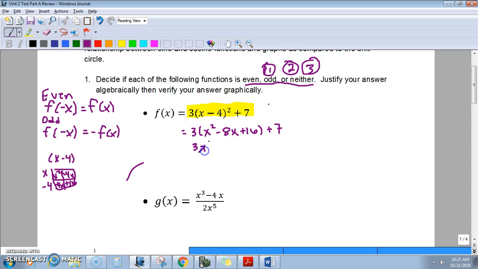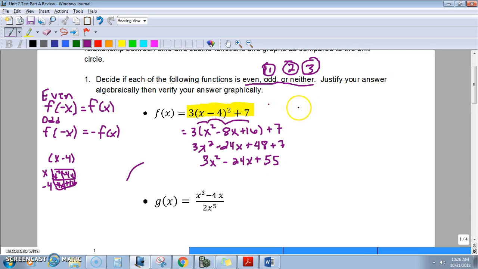So we get 3x squared, I have to distribute that 3, minus 24x plus 48, since 3 times 16 is 48, and then plus 7. Now I can finally combine that 48 and that 7, and I get 3x squared minus 24x plus 55. Double check my mental math there, but I think that's pretty close.